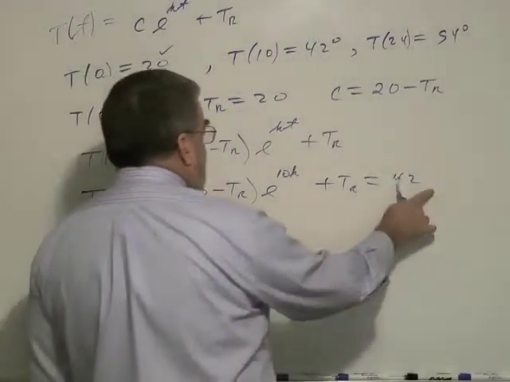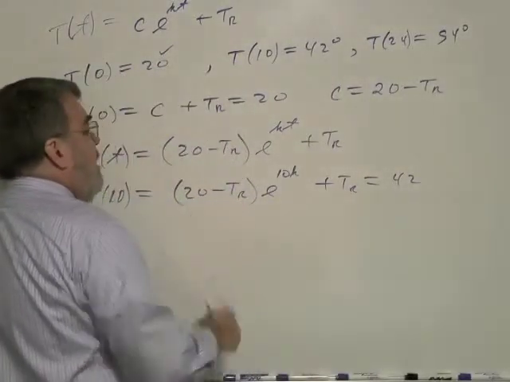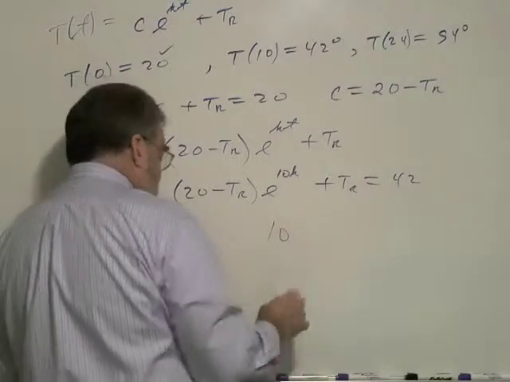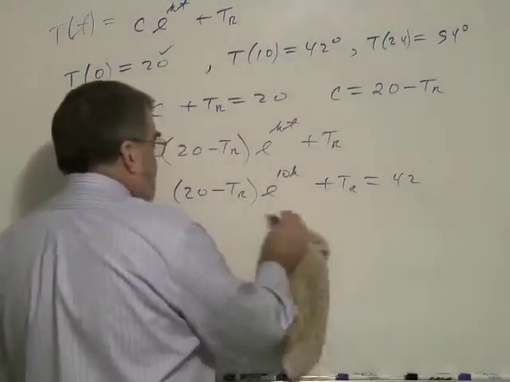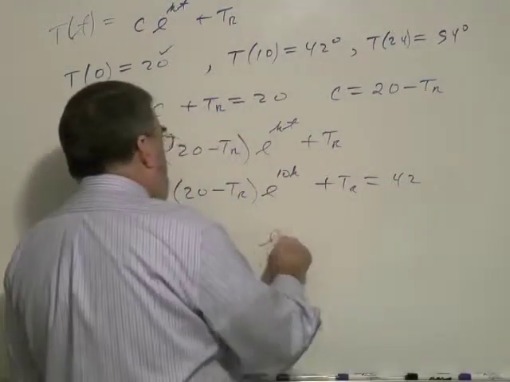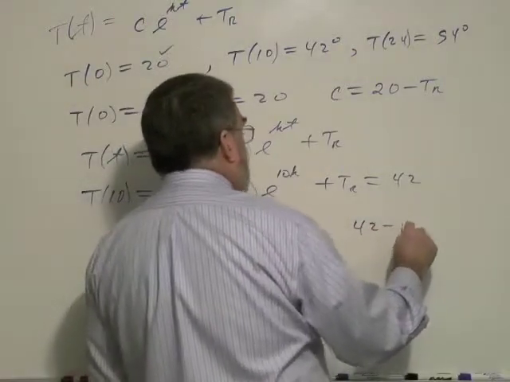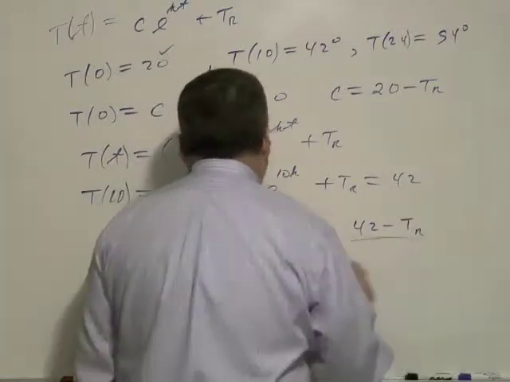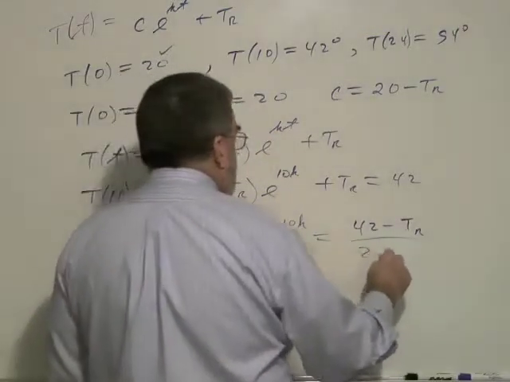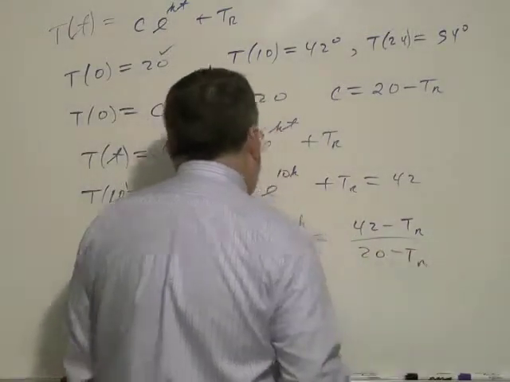I'm going to subtract Tr from both sides and then divide by 20 minus Tr. So e to the 10k is equal to (42 minus Tr) divided by (20 minus Tr).